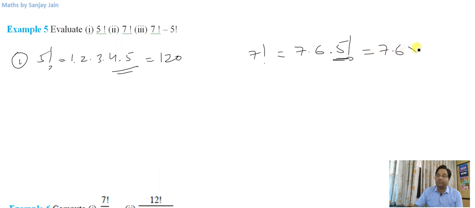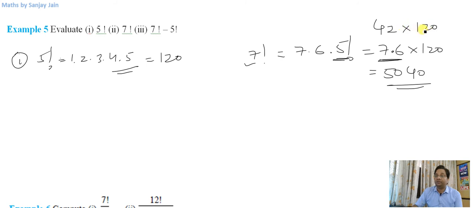So 7 into 6 into 120, and we know that it will be equal to 5040. Otherwise what you can do is, this is 42 into 120, 42 into 100 will be 4200, 42 into 20 will be 840. If you add these you will get 5040.